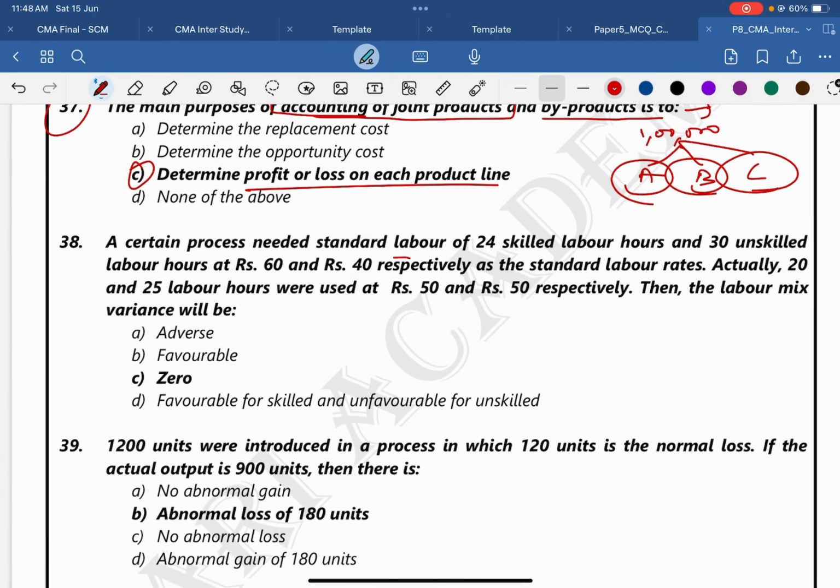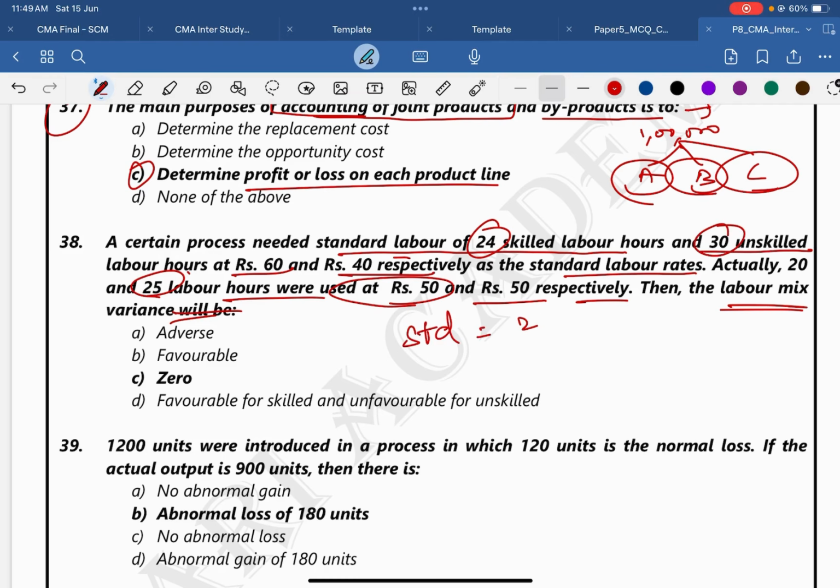A certain process needs standard labor hours of 24 skilled hours and 30 unskilled hours at rupees 60 and rupees 40 respectively as the standard labor rate. Actually 20 and 25 labor hours were used at rupees 50 and 50 respectively. What is the labor mix variance? That's the question. It's very simple. This 24 and this 30 are given, so this is the standard.